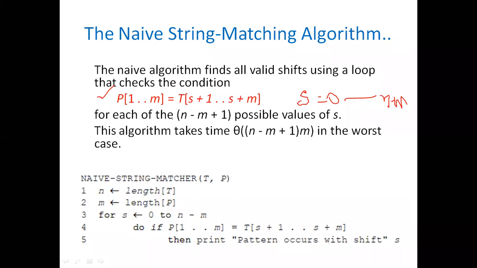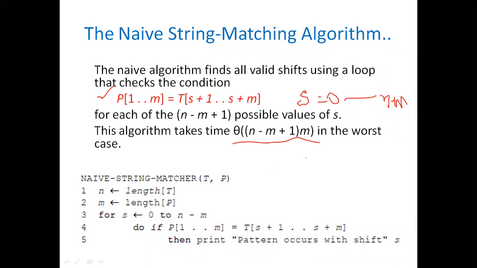For each of the n minus m plus 1 possible values of s, this algorithm takes theta of (n minus m plus 1) times m in the worst case. So this is the complexity of this algorithm.